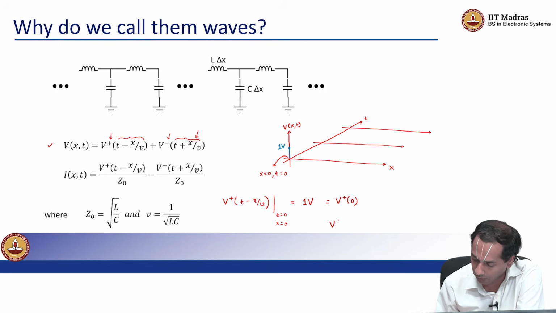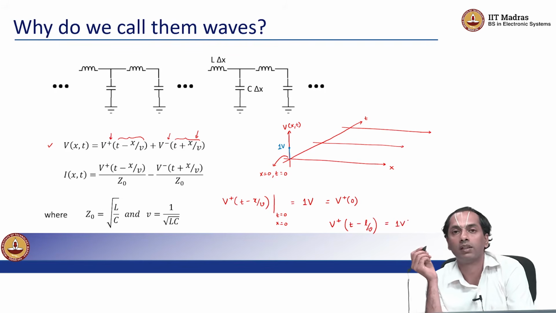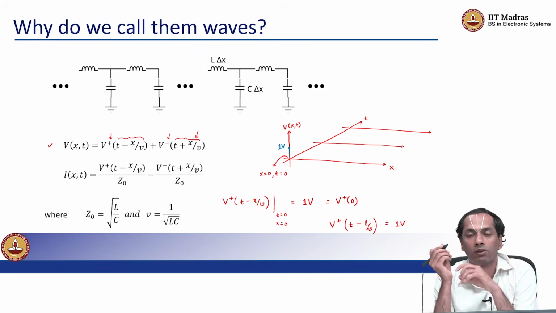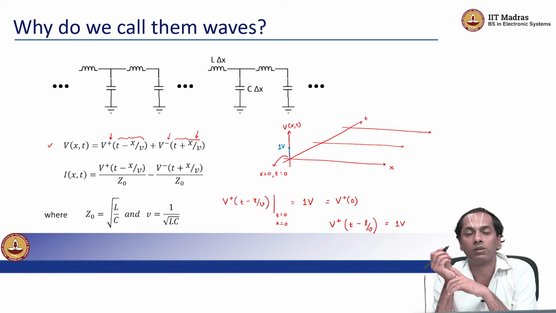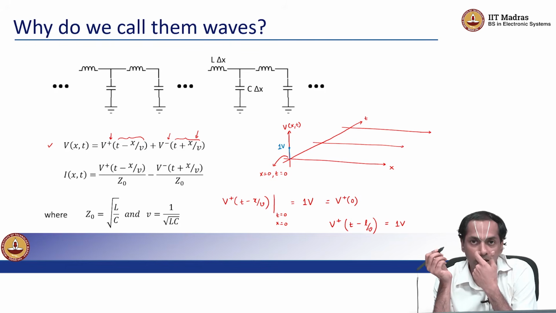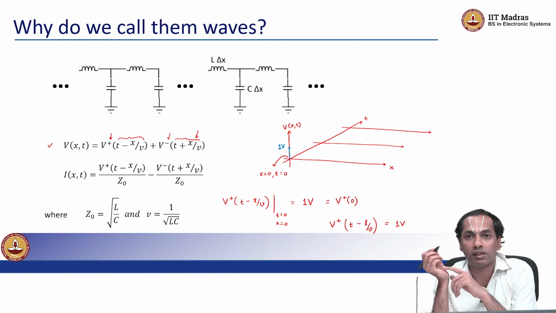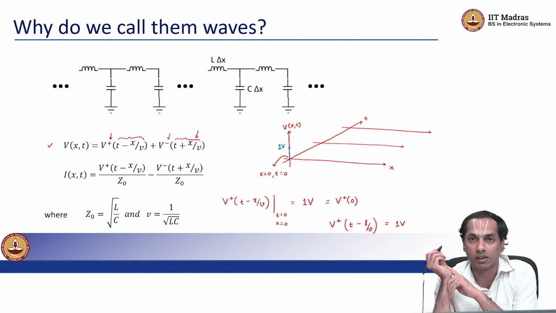So now if I want to know V plus of t minus L by v to be 1 volt, I have injected 1 volt at the location x equals 0, and I want to know when this 1 volt will arrive at the location L along the transmission line.